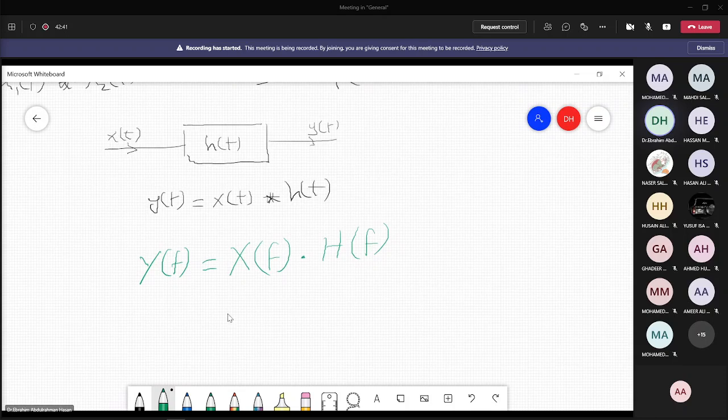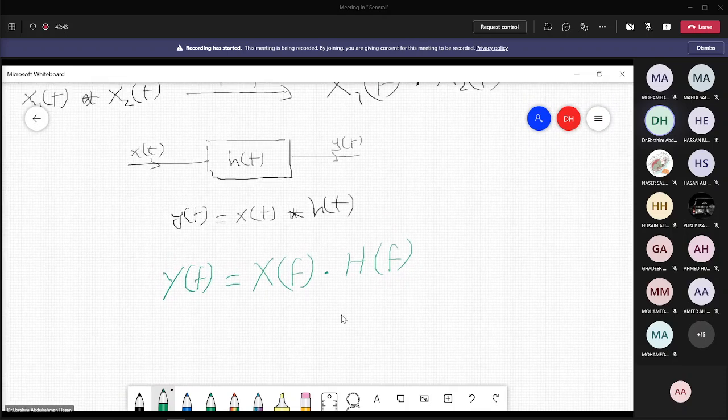What I want to put in your mind is that the question is to find y of t. So once you have y of f, you need to use the inverse Fourier transform to find y of t. But you got rid of the convolution, even though you need to change to the frequency domain and then return back to the time domain.